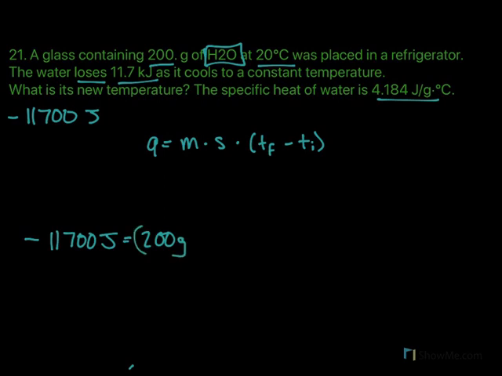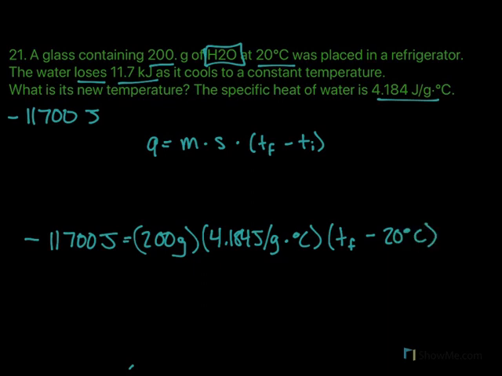So now we'll include our mass times the specific heat, and we're looking for a final temperature. We don't know the final temperature, but we do know that we start at 20 degrees Celsius. So if we divide Q by M and S, so we'll get 200 grams.